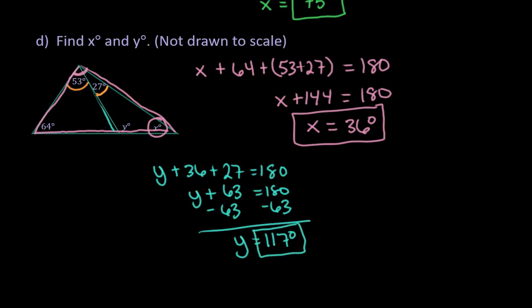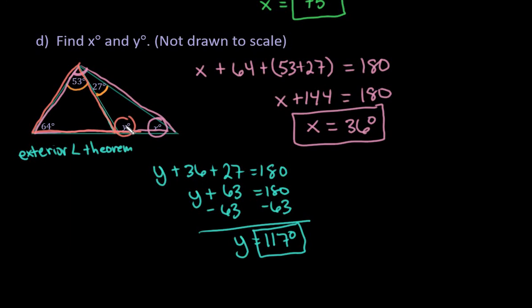So like I said before, you could have used the exterior angle theorem. And the exterior angle theorem says that if you have an angle that's on the outside of a triangle, so basically we're talking about this triangle here, the exterior angle is going to be supplementary to this one here.